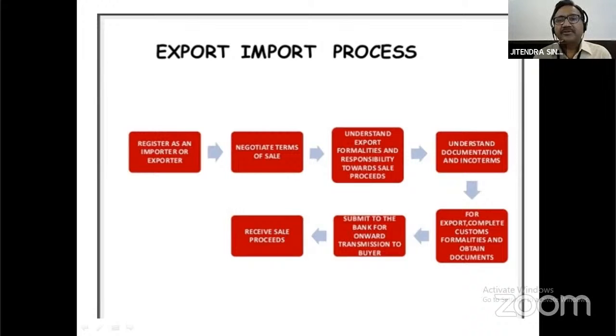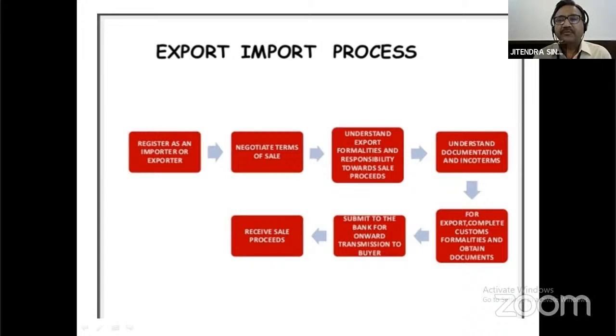Now we will understand the export formalities and responsibility towards sale proceeds. When we start our business, when we start delivering our consignment from India to South Africa to our importer, we have to understand what the different formalities of this export proceeding are. If we are not aware of the export formalities, then it may create some legal issues with us, and with our buyer also.